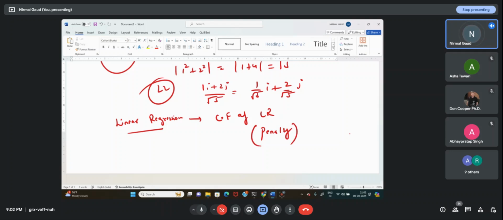I'm just telling you right now, and we'll be seeing ahead about these things. Very important, these topics are regularization.